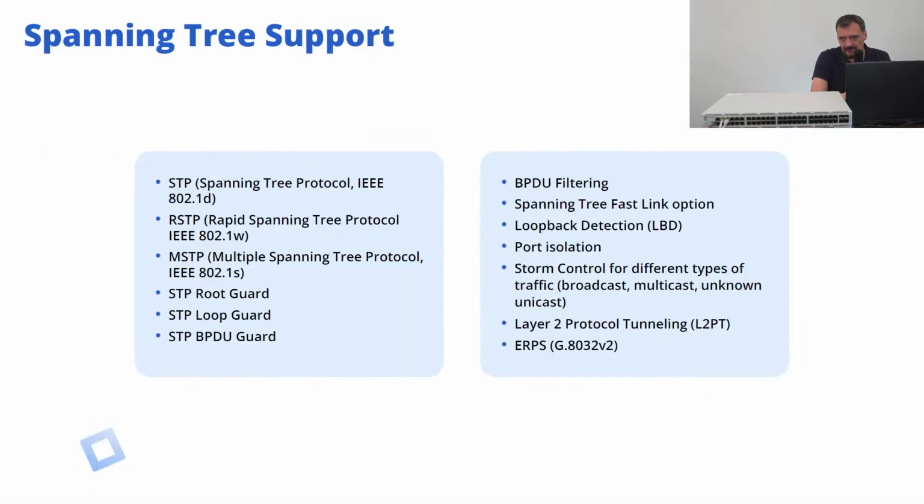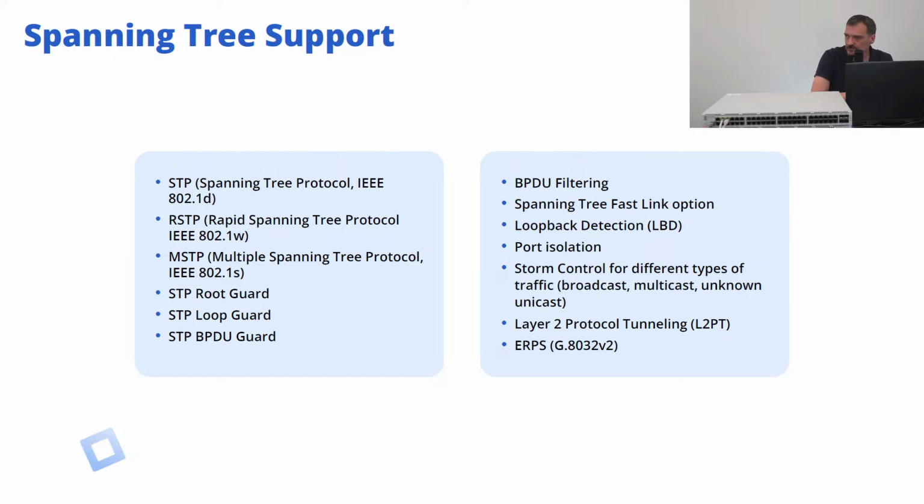The spanning tree. Although spanning tree is not really a modern feature everywhere in the world, it is with us from 1985. Still, it is really required on the aggregation layer, and at the access layer as well. So we are supporting multiple features with STP.